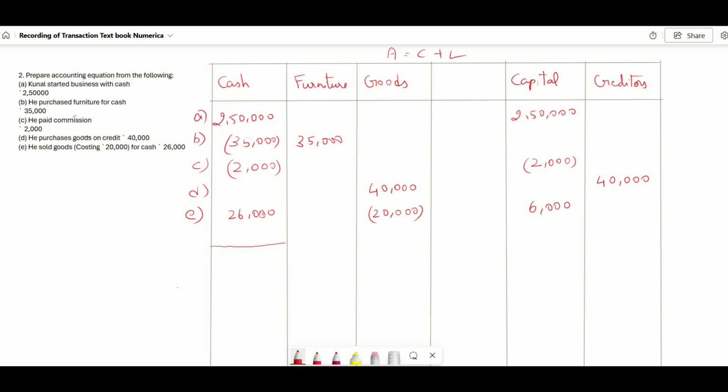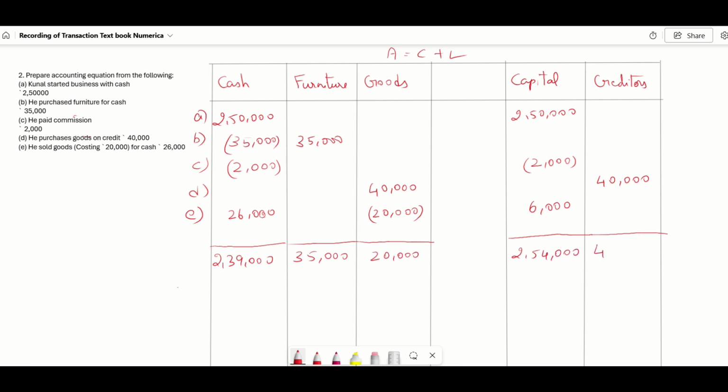We'll sum it up. It is 2,39,000. Furniture stands at 35,000. Goods at 20,000. And capital at 2,54,000.